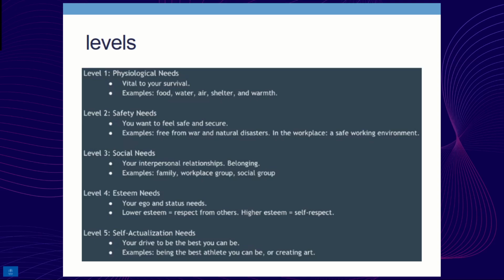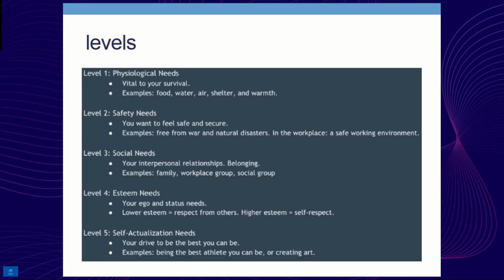In the workplace, these needs include job security, a safe working environment, having access to grievance procedures, saving some money each month, and knowing you have health insurance should you become ill. Physiological needs and safety needs combined are often referred to as your basic needs. The third level, social needs.